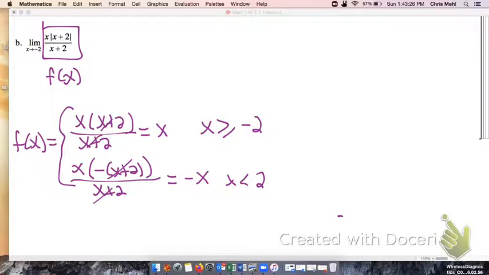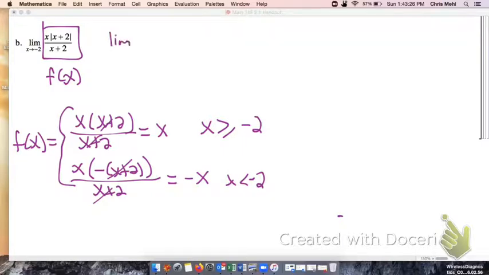Since the actual function I'm trying to find the limit of is piecewise, it depends on if x is less than -2 or greater than -2. There's two different pieces of the graph. So if you want to know if the limit exists, you probably have to do the left and right hand limits.